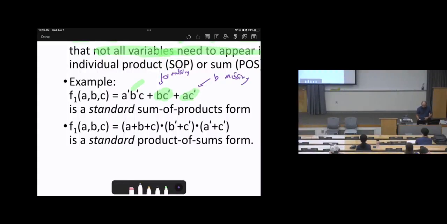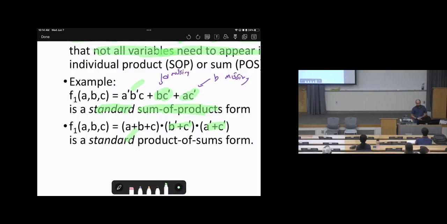So even though it's called standard form and it's written as sum of products, it's not canonical. In the canonical form, there must be all of the variables. We see that this is 3 variables, but here there is a missing variable.